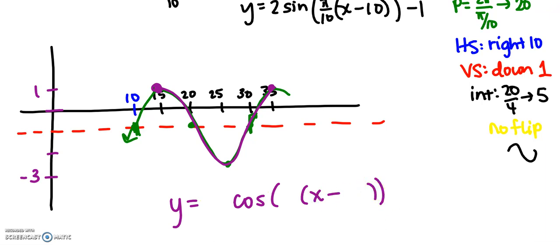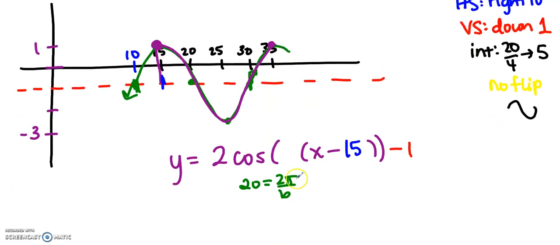So my midline was at -1. My amplitude was 2. My horizontal shift was 15. And the period was 20. So that's going to equal 2 pi over b. I could go ahead and do 20b equals 2 pi.